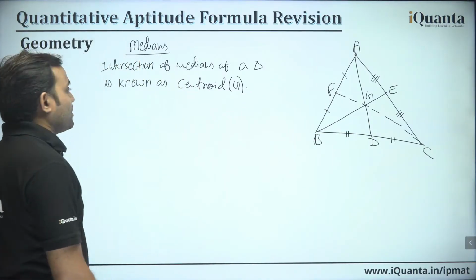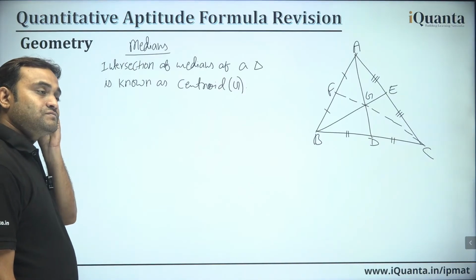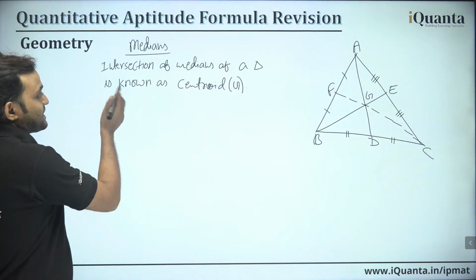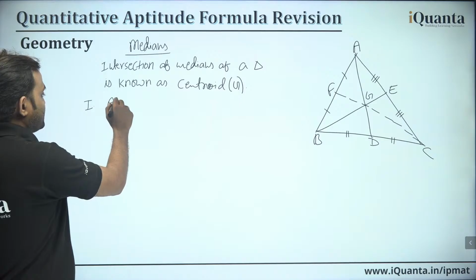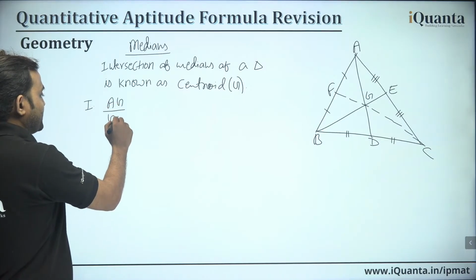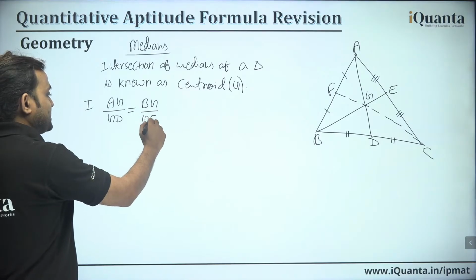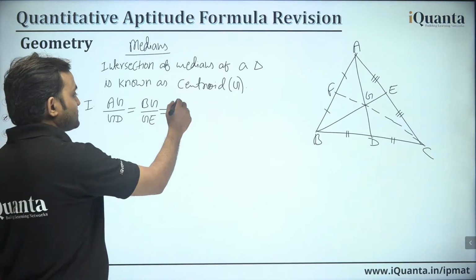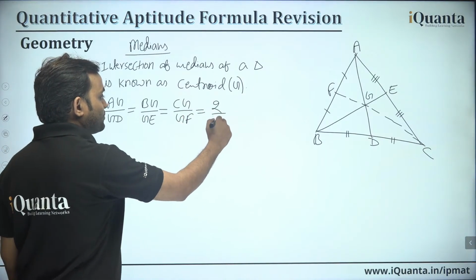Now, what do we know about the properties of medians and centroid? First point that we can say is that AG divided by GD will be the same as BG divided by GE, which will be the same as CG divided by GF, which is equal to 2:1.